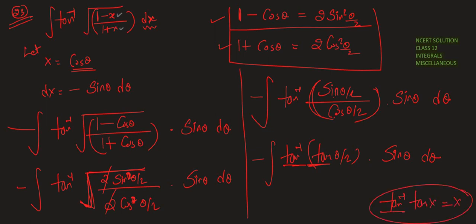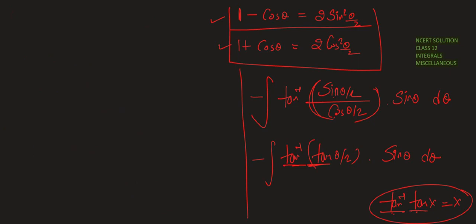This tan inverse and this tan cancel each other. So I will end up having only theta by 2 into sin theta d theta.